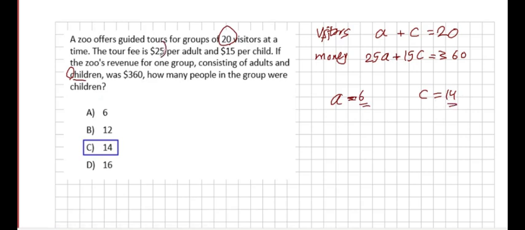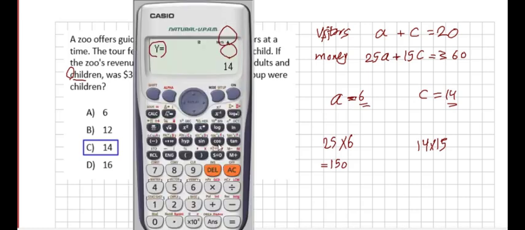If you multiply $25 per adult by the number of adults, 6, we can say 25 times 6, you get 150. And then 14 multiplied by 15. You can do it also on the calculator if you want to make sure that your answer is right.